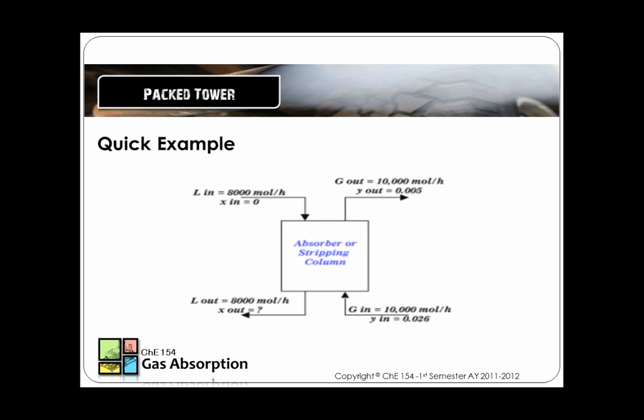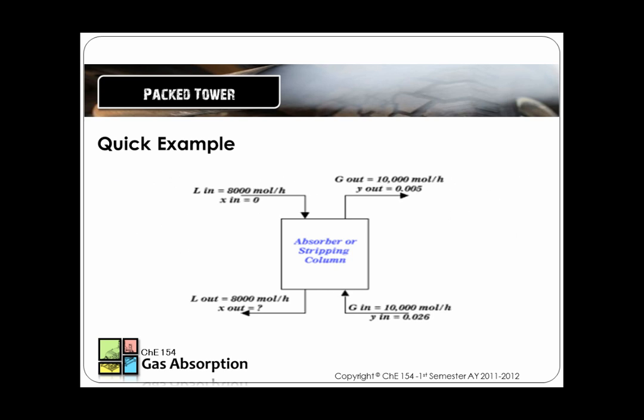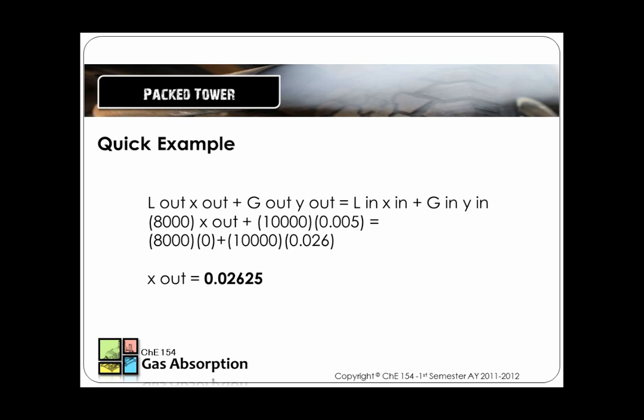Given the diagram, we will let L in and L out be the molar flow rates of the inlet and outlet liquid stream respectively, G in and G out be the molar flow rates of the inlet and outlet gas stream respectively, X in and X out be the mole percent of acetone in the inlet and outlet liquid stream, and Y in and Y out be the mole percent acetone in the inlet and outlet gas stream.